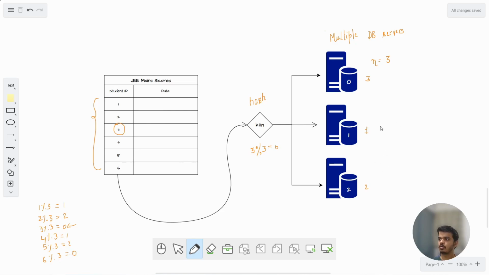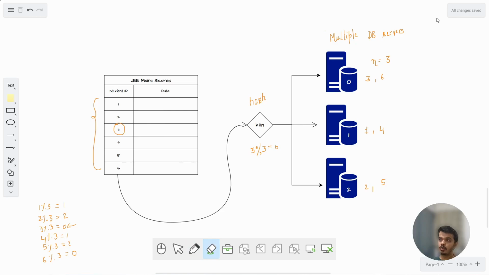So the fourth student's details would be stored here, the fifth student's details would be stored here, and the sixth student's details would be stored here. Okay? This is how we can read or write data when we have multiple database servers, or we have partitioned our database, right?